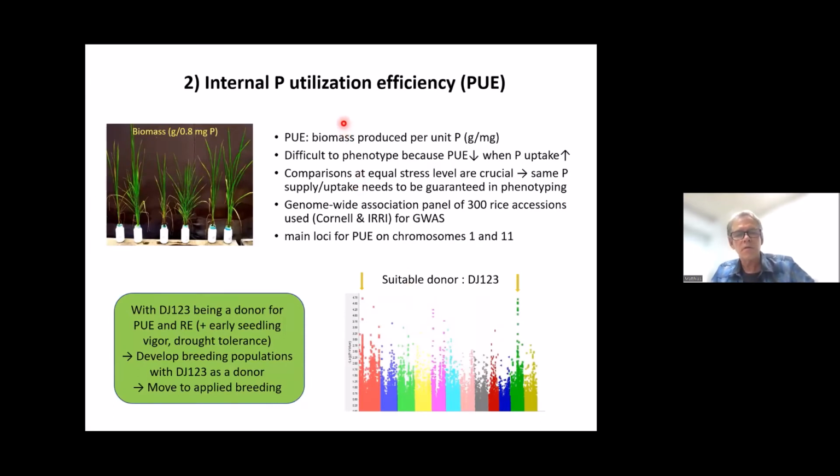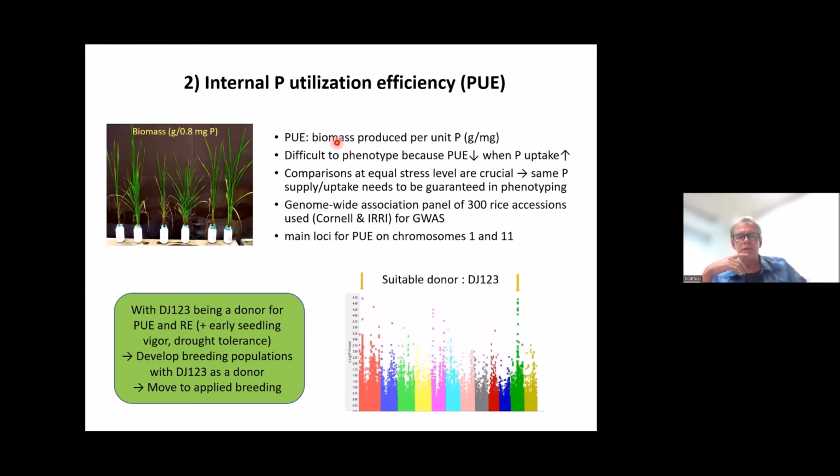Now, a slightly different aspect of phosphate efficiency, and that is once the P is taken up, which can be done by bigger roots or more efficient roots, the question is how efficiently that P is transferred into biomass or yield in the end. This is PUE, the biomass produced per unit P. It's difficult to phenotype, and not a lot of studies exist on PUE.